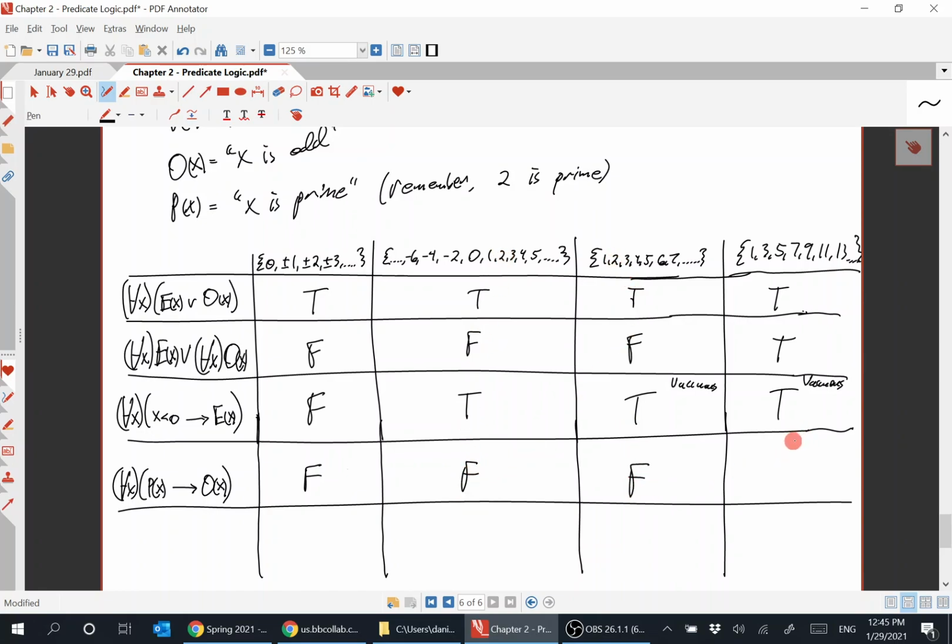How about this? If x is prime, then x is odd within this domain. True.